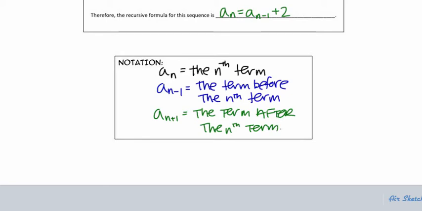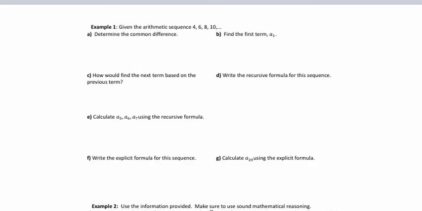Now let's take a look at a couple examples. So we have an arithmetic sequence that reads 4, 6, 8, 10, and so on. Now let's find the common difference. Common difference again is how much each term goes up by or down by from one term to the next.